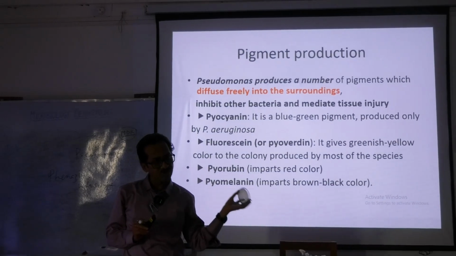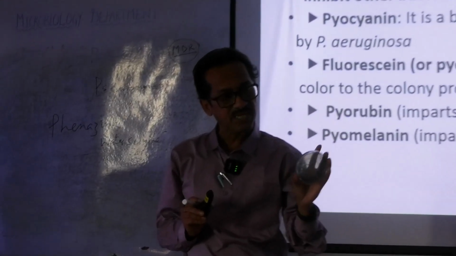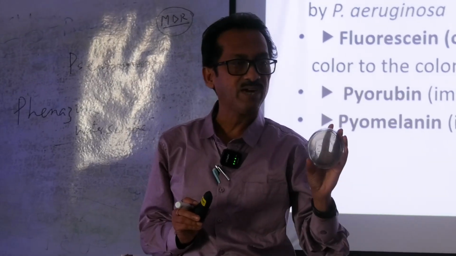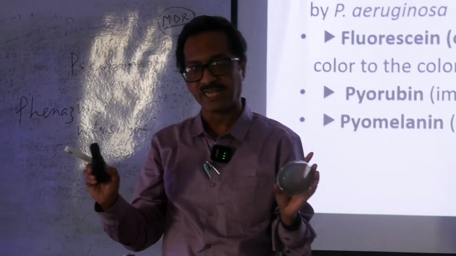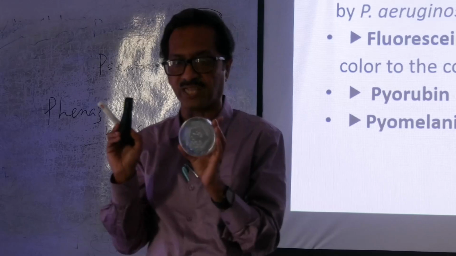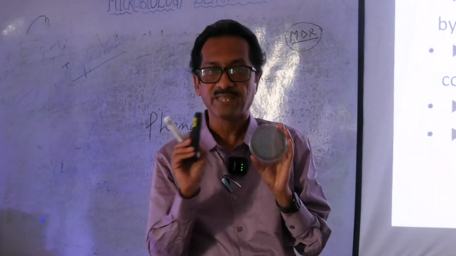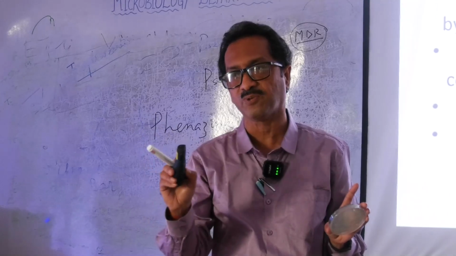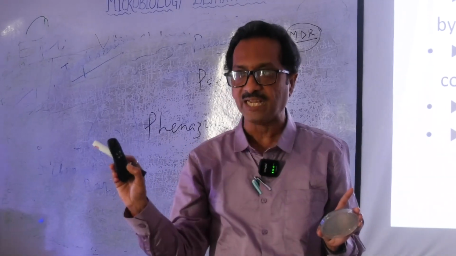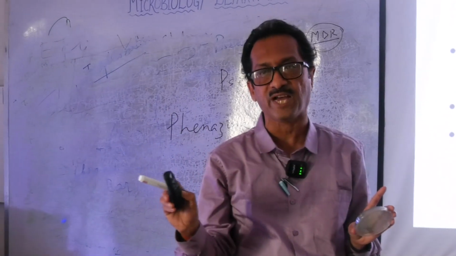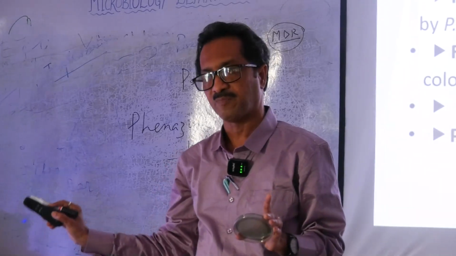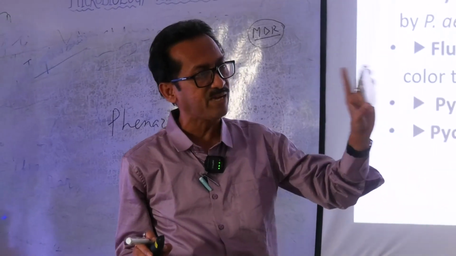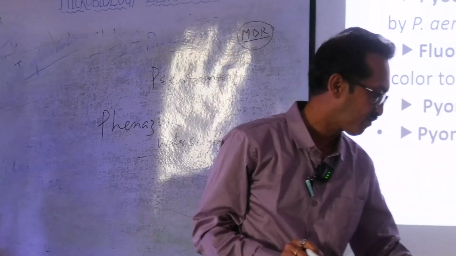In your bacteriology exam, when asked how we identified it as Pseudomonas aeruginosa, you must mention the pigment. Without any biochemical test, you can identify it with two tests: pigment production and the oxidase test.